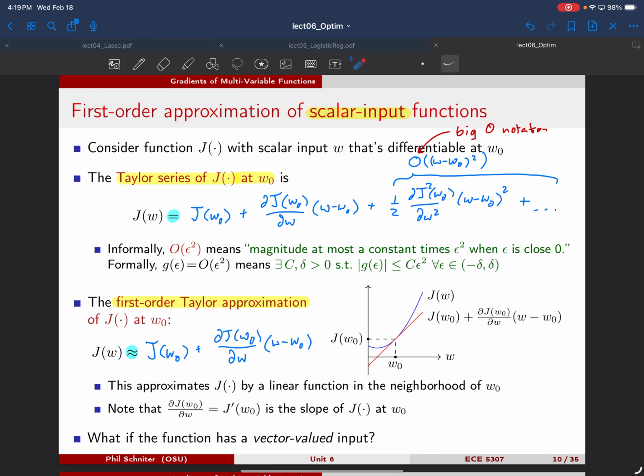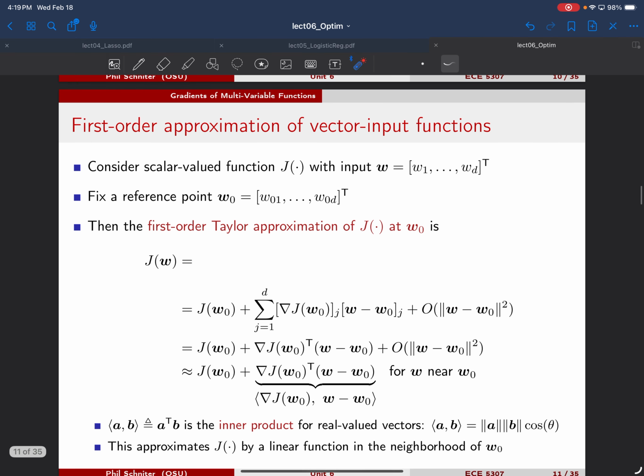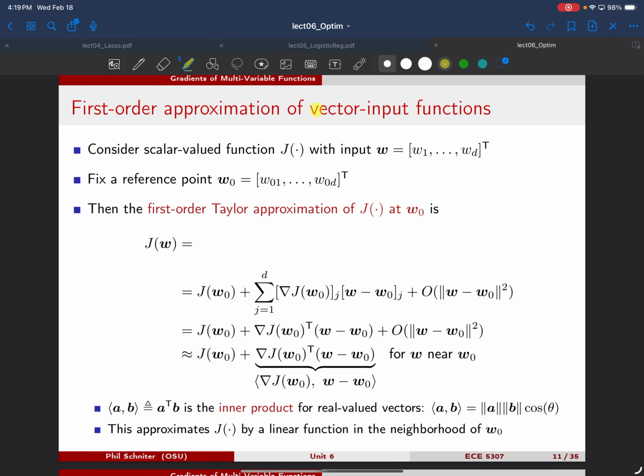Okay, so we've done this for scalar input functions. Now we want to repeat this for vector input functions. So this would be if we have a vector of parameters W1 through WD that we are optimizing. So this function is scalar output, but the input is d-dimensional. So now we're going to have a reference point, which is also d-dimensional, still W naught.